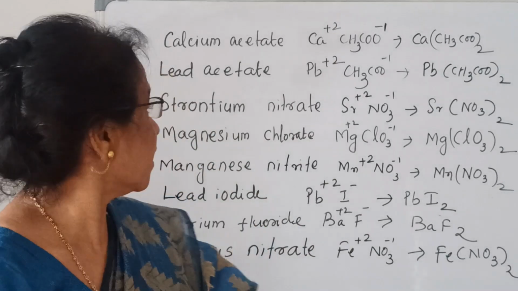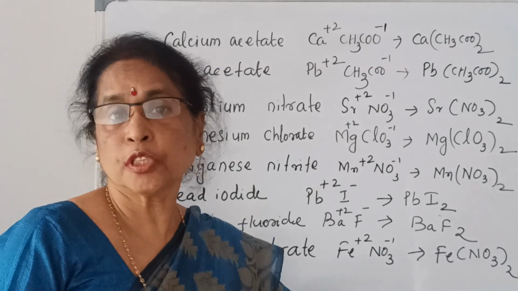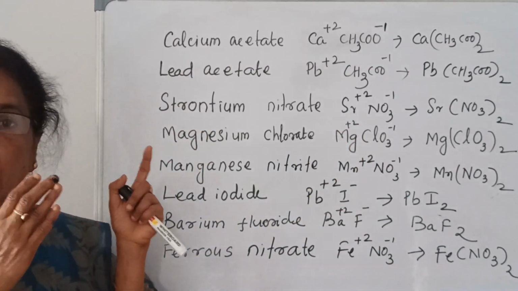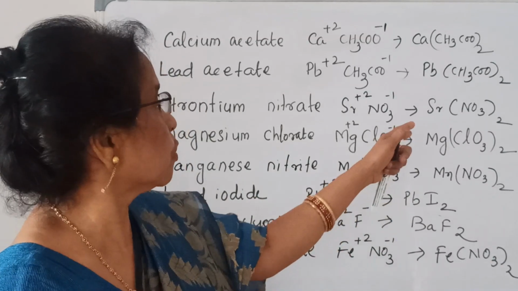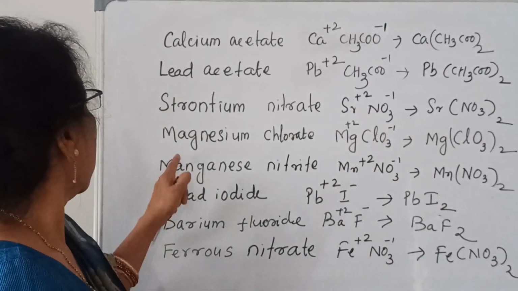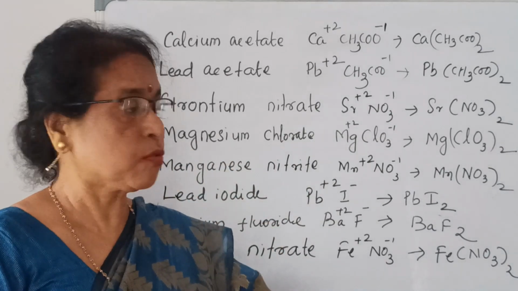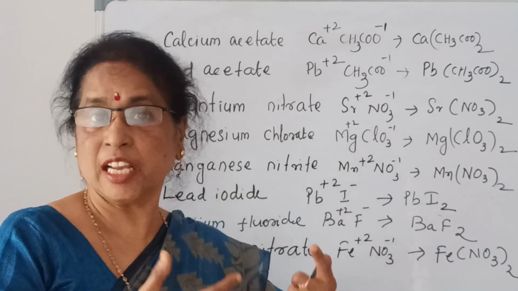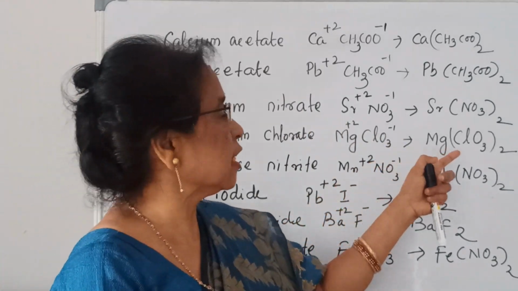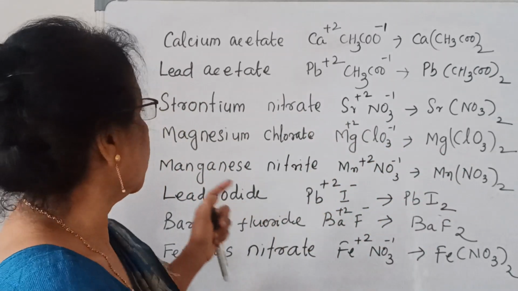Strontium nitrate. Strontium Sr plus 2, nitrate NO3 minus 1. So it is Sr(NO3)2. Magnesium chloride. Chloride is Cl minus 1, Mg plus 2. So MgCl2.